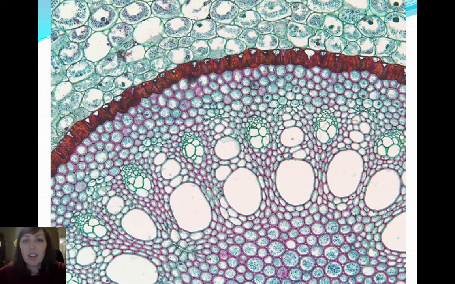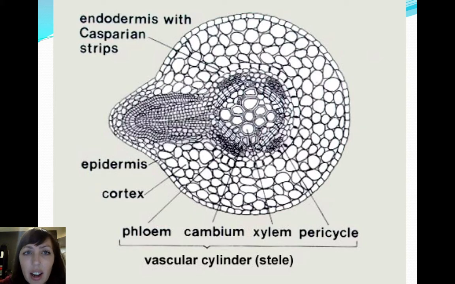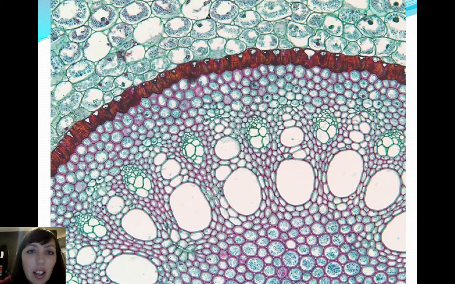And this is a scanning electron micrograph, and you can really see all of the details here. If you look back, you can see the endodermis, where endo means inner and dermis is skin. So you can see it's this inner layer here, and you can see the Casparian strips between.